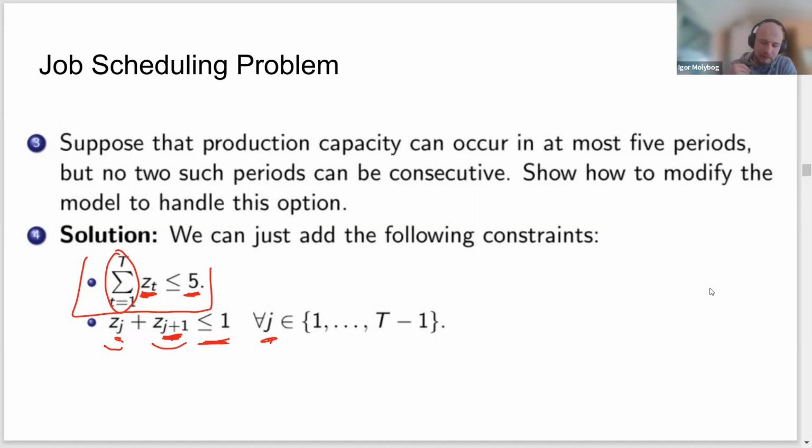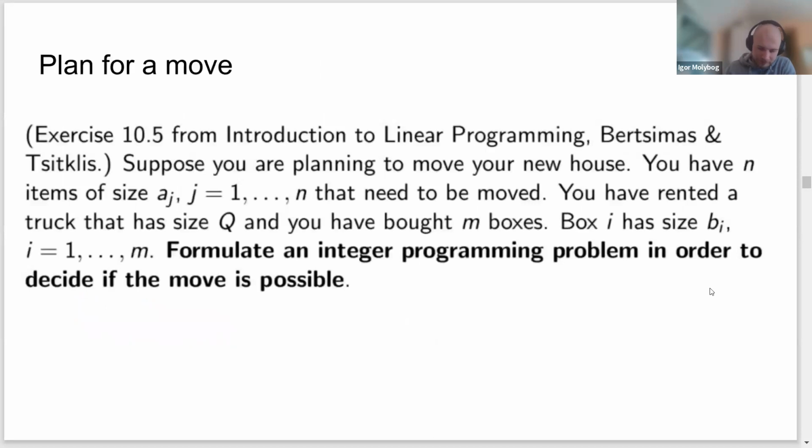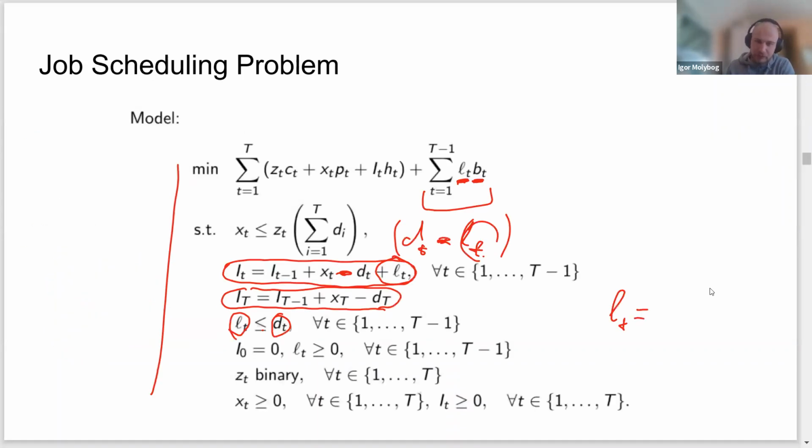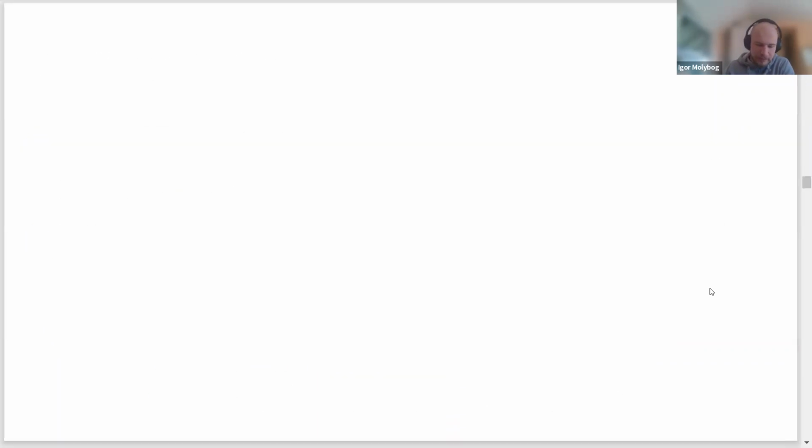But we enforce that it's not equal to 2, and can only be equal to 1 or less. I didn't write down the full formulation, but I assume that you understand that we can just add this to the previous formulation and get the full formulation for our new problem.